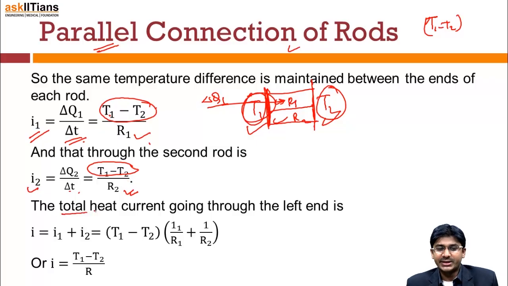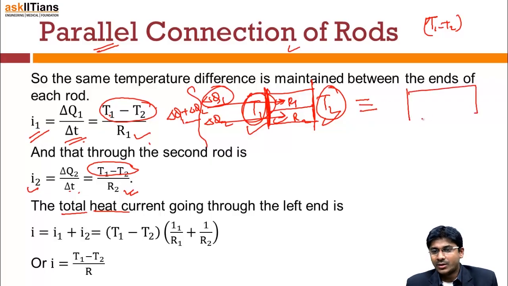What is the total heat current going? If this is delta Q1 and this is delta Q2, total heat current is delta Q1 plus delta Q2. So if I want an equivalent system of this, equivalent system means a single rod of resistance R, temperature difference T1 minus T2, then what will be this value of R? That's what an equivalent system means.